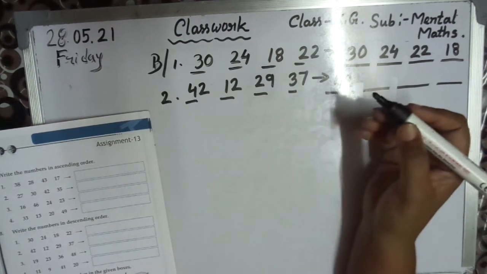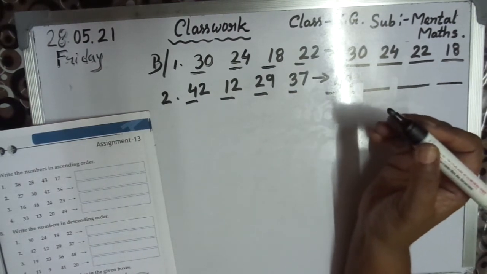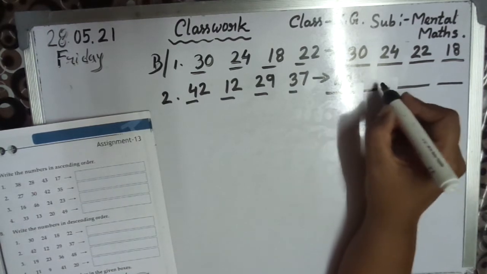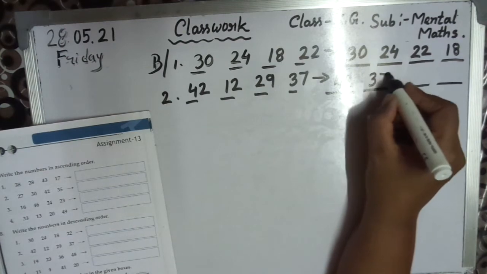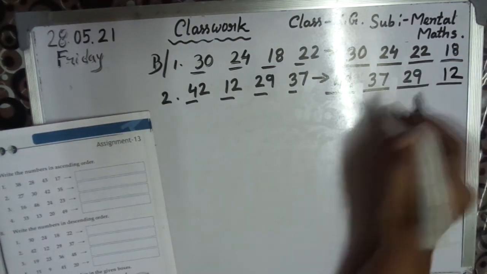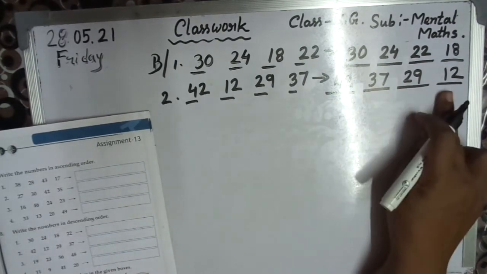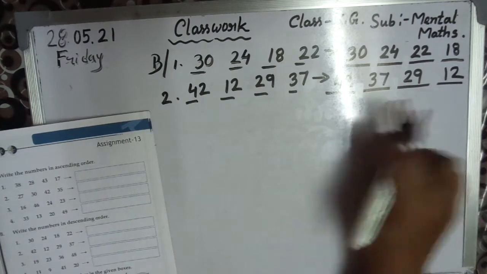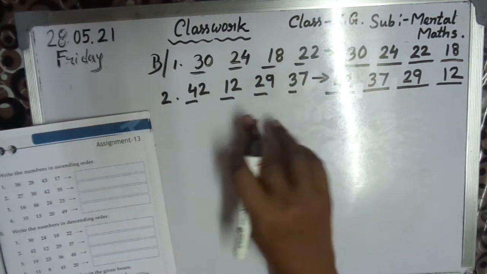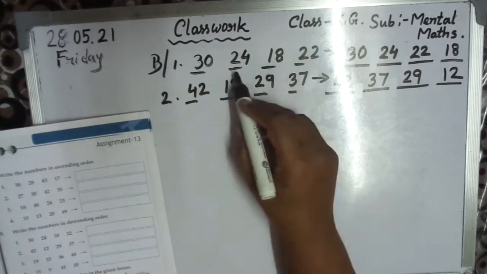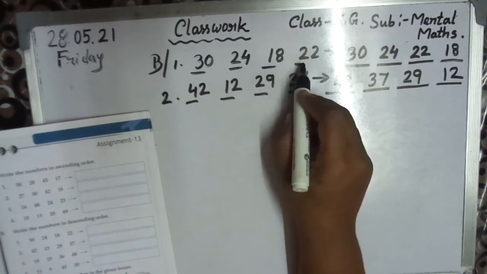After then, children, 10, 9, 8, 7, 6, 5, 4, 3, 2, 1, 0. So 42, 37, 29 and last one 12. So 4, 3, 2, 1. See, tens, you see tens, yes, any same number, so tally this number, 24, 22, okay, so same tens.